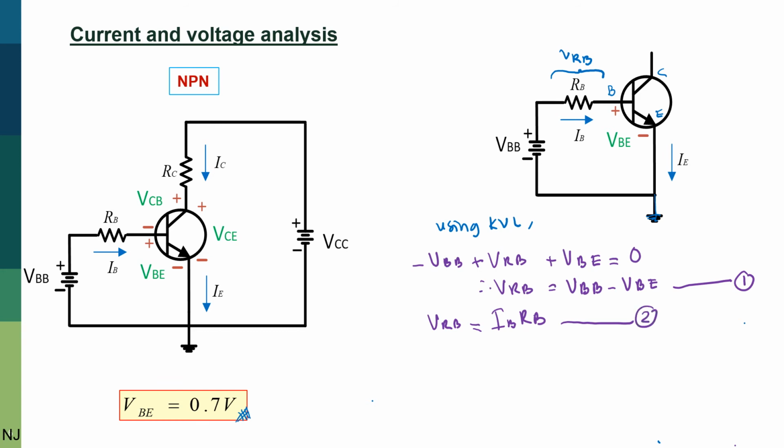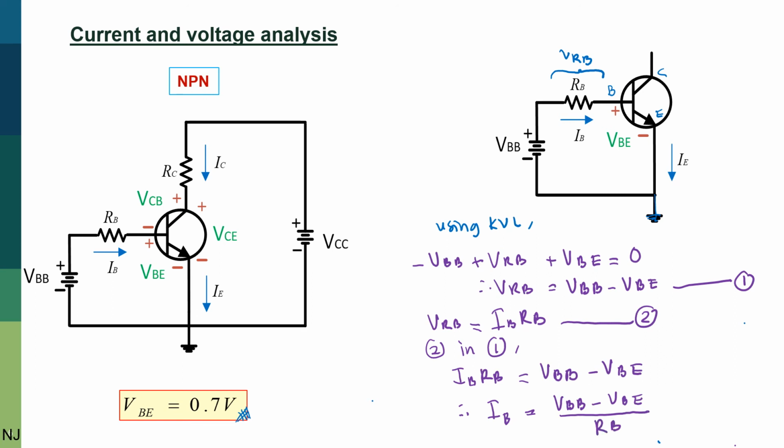By substituting 2 into 1, we get IB RB equals VBB minus VBE. So the current across RB, or IB, equals VBB minus VBE over RB.